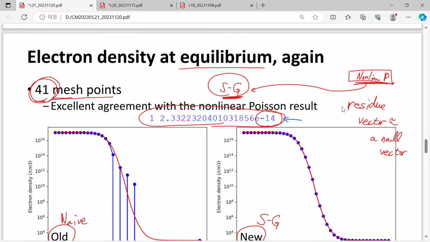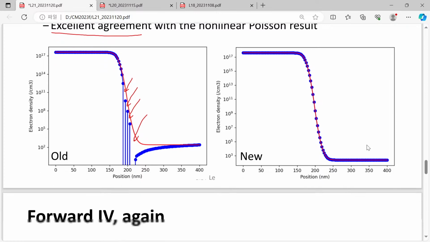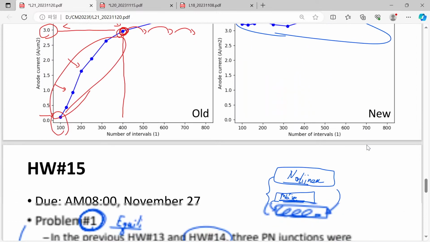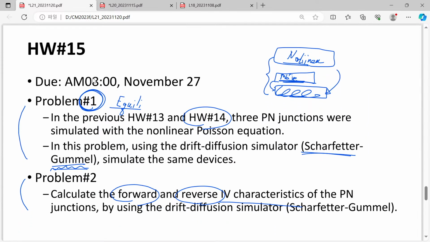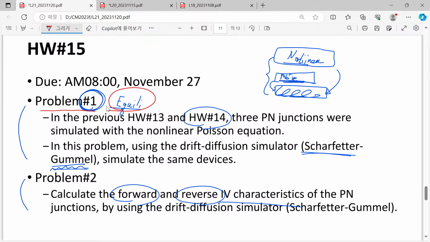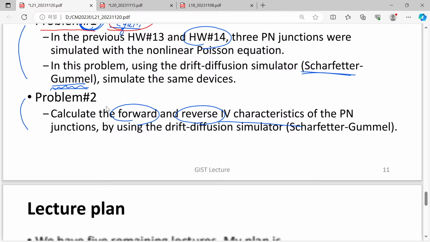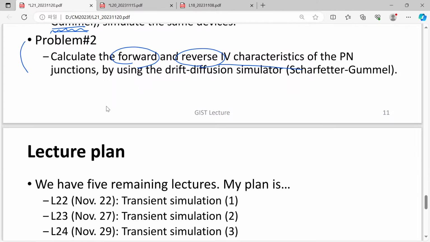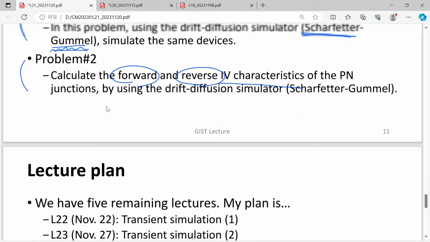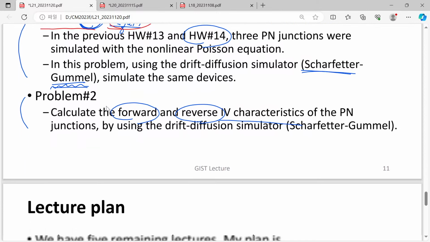So please understand this situation. I think the best way is to first try to solve your problem number 1, the equilibrium case. So I hope that all of you in this classroom successfully perform the non-lecture homework number 15.